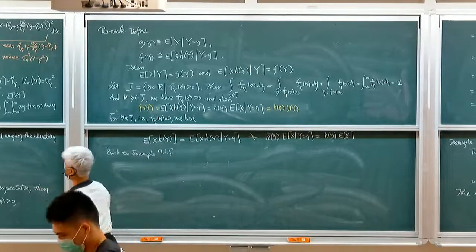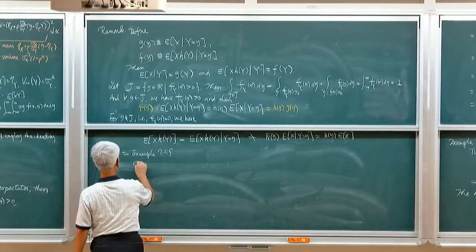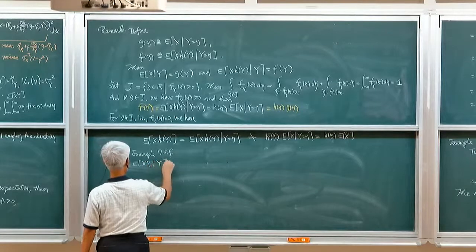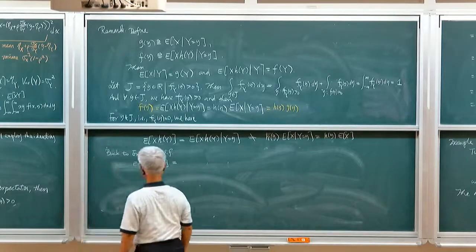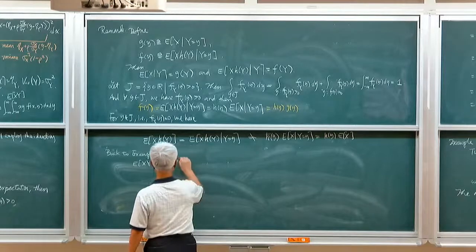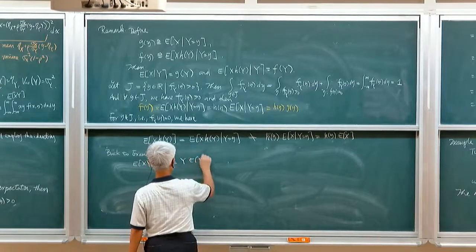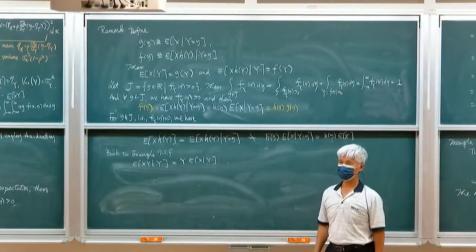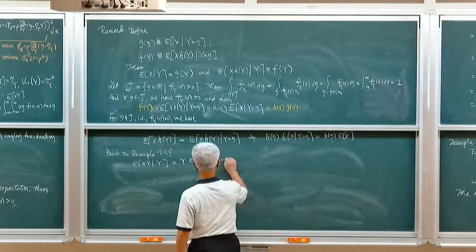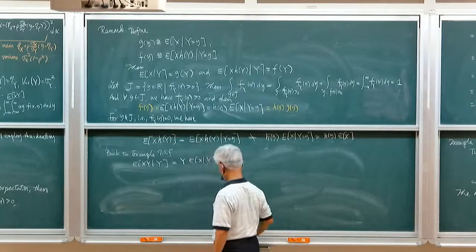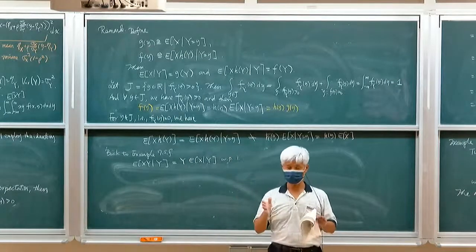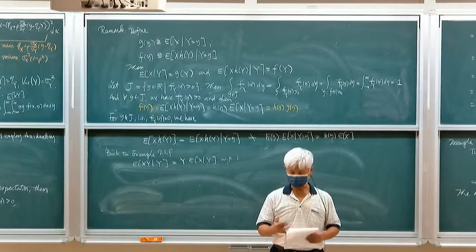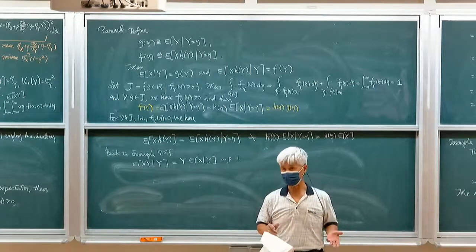Now the expectation of XY given Y is equal to Y times the expectation of X given Y, with probability 1. So two random variables are equal with probability 1, which means that basically they are equal.